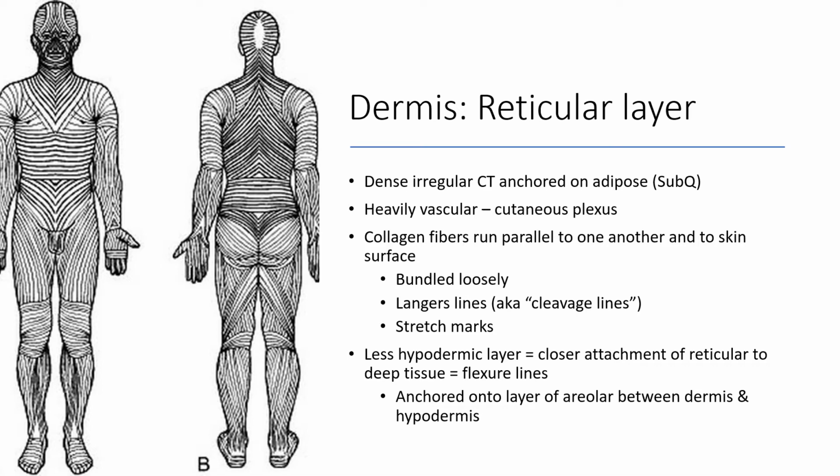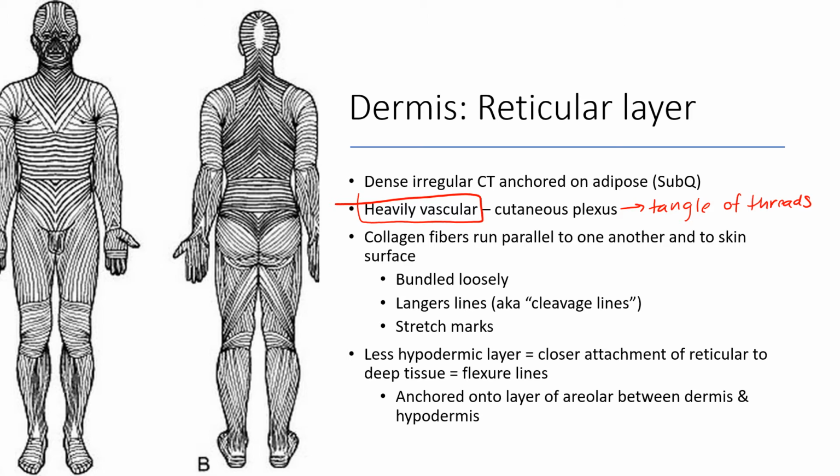The reticular layer is heavily vascular and contains what's called the cutaneous plexus. Anytime you see plexus, you're going to think a tangle of threads. You hear the word plexus whenever you have a string-like anatomical structure, a blood vessel or a nerve, for example. They all have this sort of string-like nature to them.